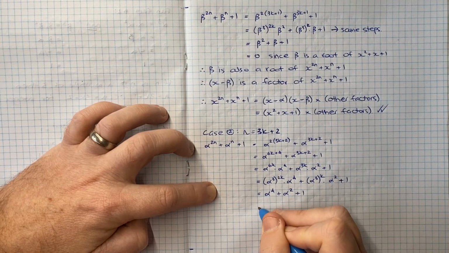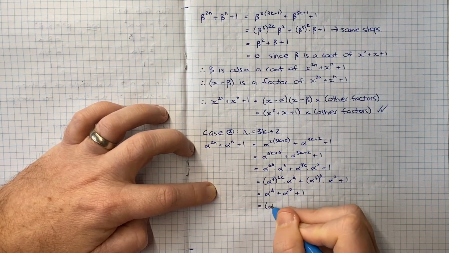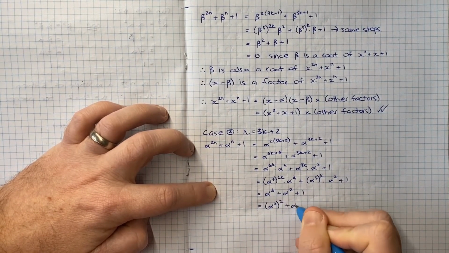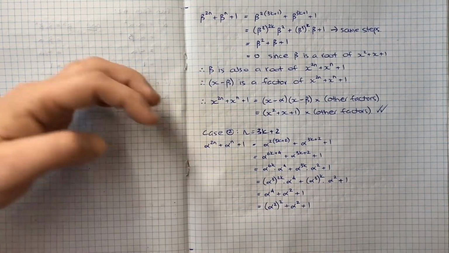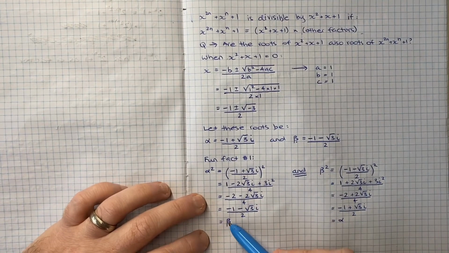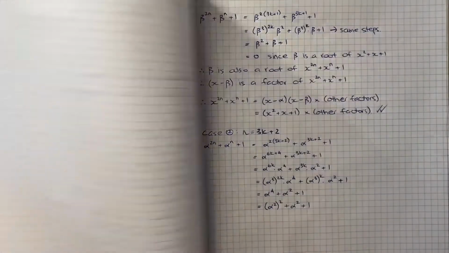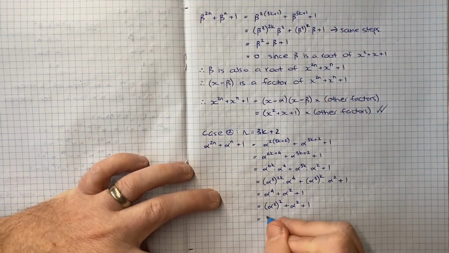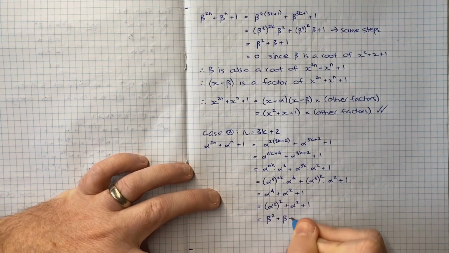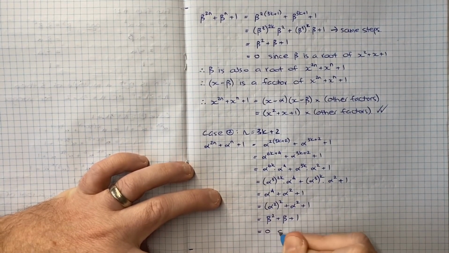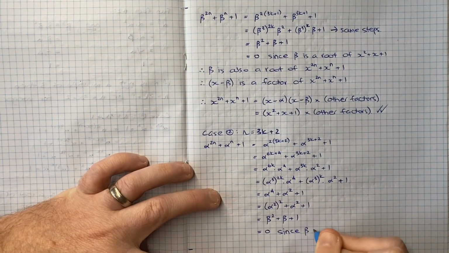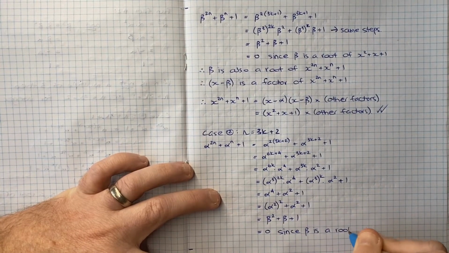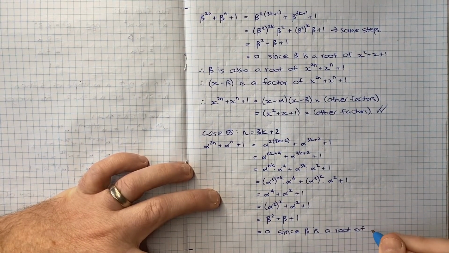But what we can do is we can say, well, that's alpha squared plus alpha squared plus 1. And remembering from our fun fact 1 that alpha squared is beta, we can now substitute beta squared plus beta plus 1. And we know that is 0 since beta is a root of x squared plus x plus 1.